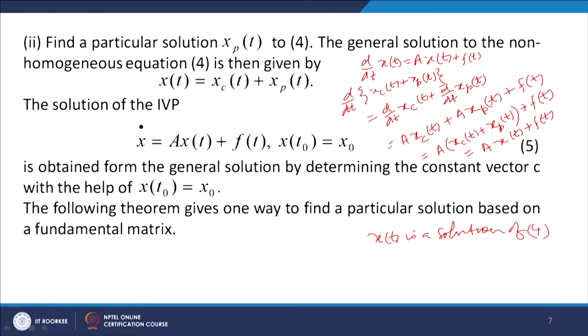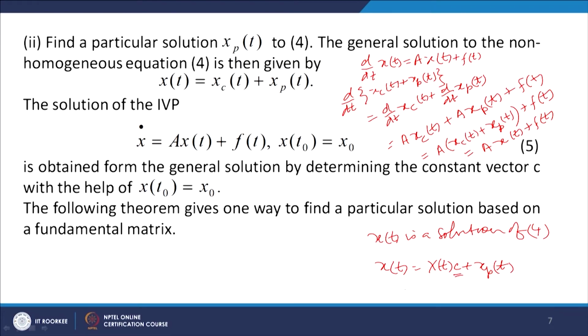Now, when we want to find the particular solution of the initial value problem, let us consider x dot equal to a x t plus f t, where at t naught we assume that x t has the value x naught. Then the solution for this initial value problem is obtained by calculating the constant vector c that occurs in x c t. We have x t equal to X t into c plus x p t.